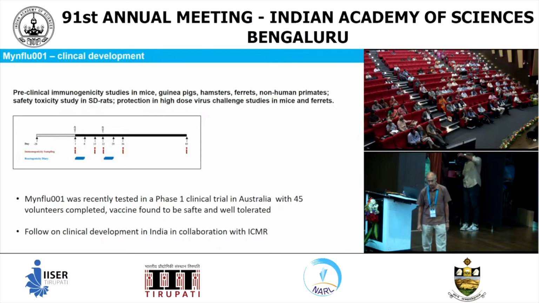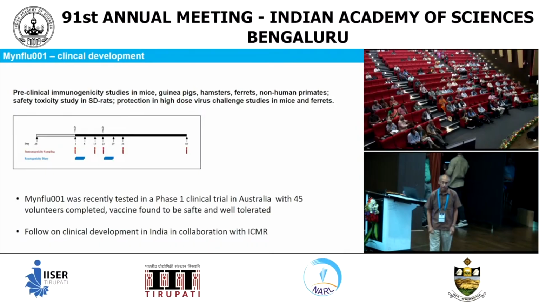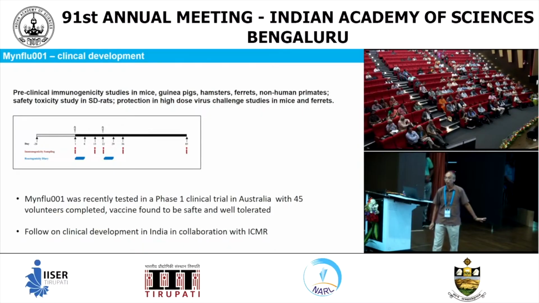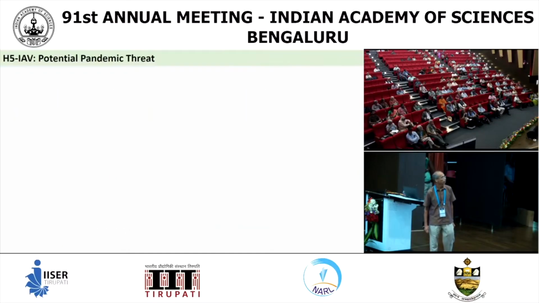So recently we carried out a clinical trial in Australia with this vaccine formulation, and we showed that the vaccine was safe. We didn't have the numbers to look at efficacy. This was just a safety trial, a phase 1 trial, and it was completed, and the vaccine was found to be safe and well tolerated. And the follow-on clinical development will be done in India with generous support from the Indian Council of Medical Research.